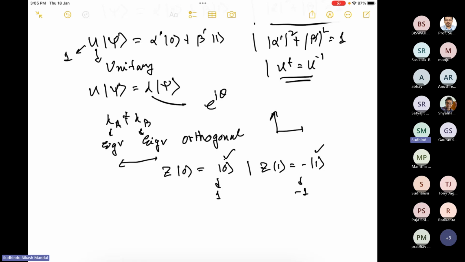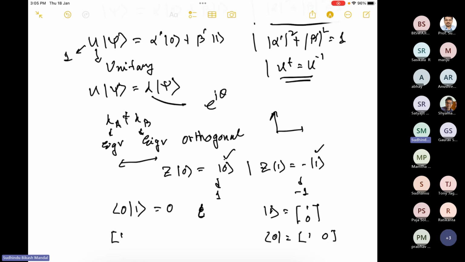If we take the inner product between these two, 0 and 1, then it becomes 0. How? What is the matrix representation of 0? We know it is 1, 0. If I take the bra, it's the complex conjugate transpose, so it becomes the row vector 1, 0.